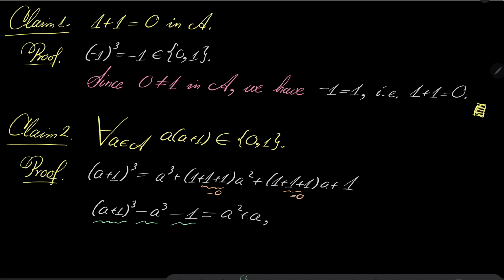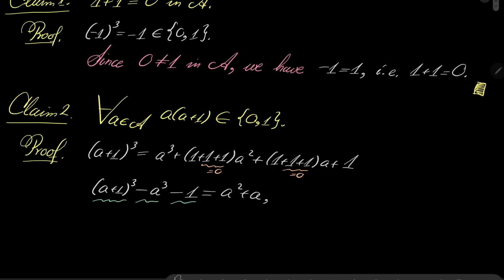So this entire left hand side is either 0 or 1, because remember that 1 plus 1 is 0. And on the right hand side we have a times a plus 1, which is exactly what we wanted to prove.